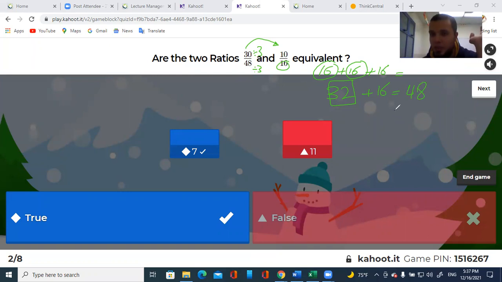That's right. So 48 divided by 16 is equal to 3, and 48 divided by 3 equals 16. So they are equivalent. Do you understand this way, Mishari?